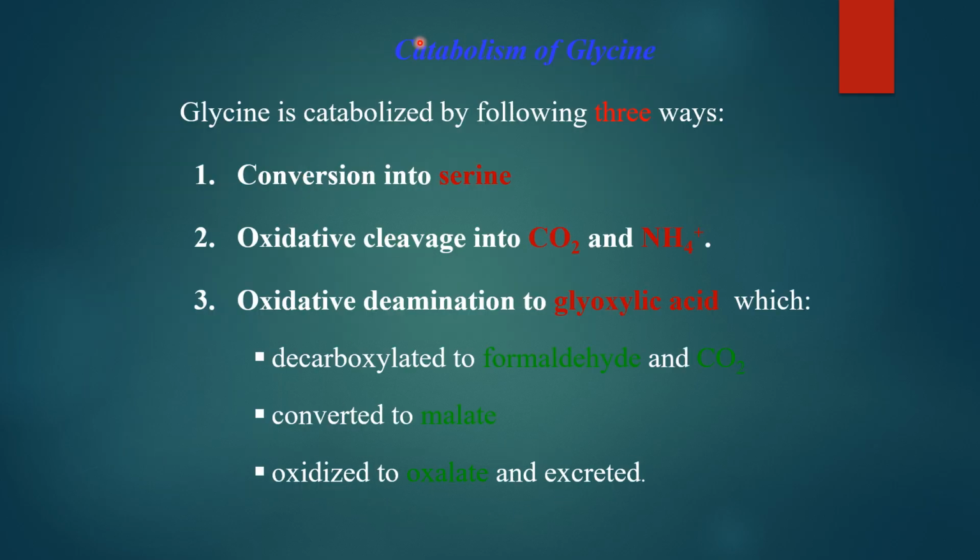Now, catabolism of glycine. Glycine is catabolized in the following ways. First is conversion to serine, then oxidative cleavage into carbon dioxide and ammonia, and oxidative deamination to glyoxylic acid, which can be decarboxylated to formaldehyde and carbon dioxide, converted to malate, or converted to oxalate and excreted.